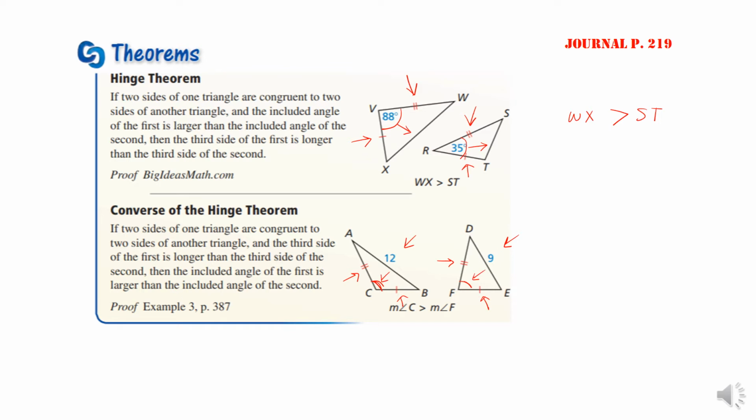Okay, so read through these a little bit so that if my explanation kind of mixed you up, you'll be able to figure that out. So that's telling us angle C is greater than angle F. Okay? And that's what it says right here.